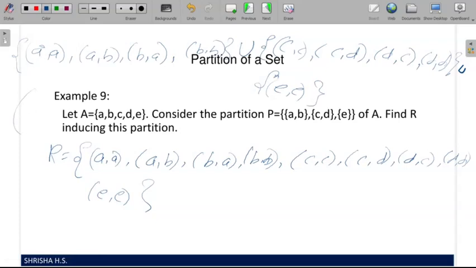This will fill some page and give some marks to you. Okay, so if you have the relation, you can find out the partition. If you have the partition, you can find out the relation.